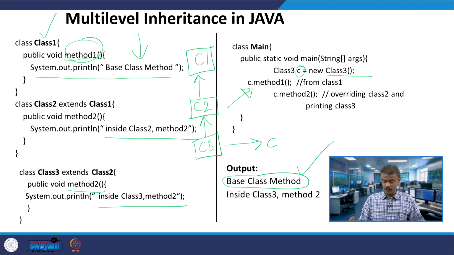Now, when it is invoking method 2, the question comes: which method will be invoked? We are coming to the interesting situation. Sooner or later we are going to call this overriding.